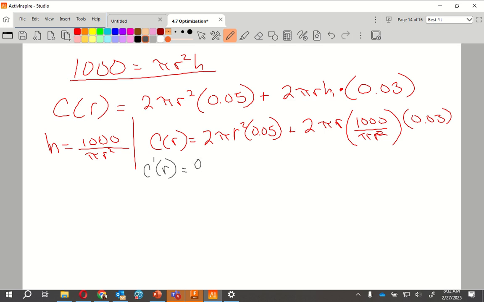So 0.20 pi r, plus, now before I do my derivative over here, the pi's will cancel because I'm multiplying there, and right here, one of those r's will cancel. So I'm still left with an r to the negative 1 because I have one r left in the denominator.